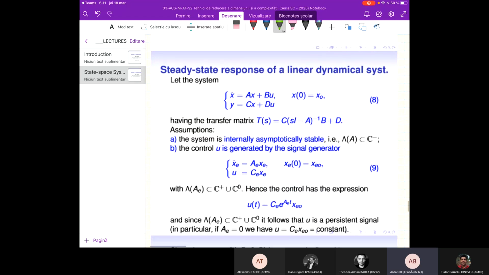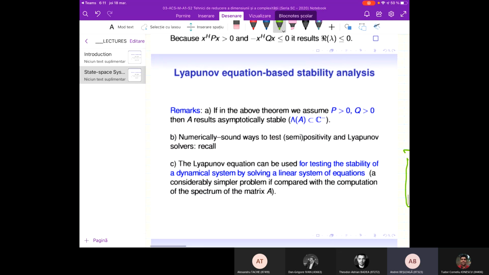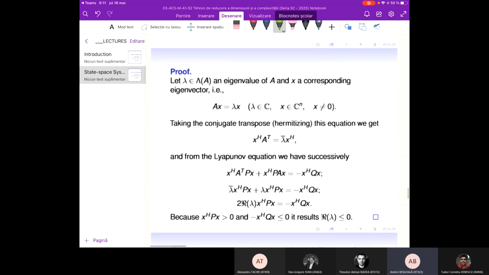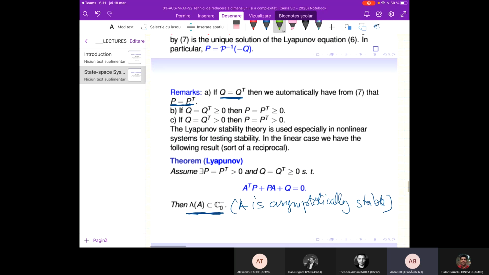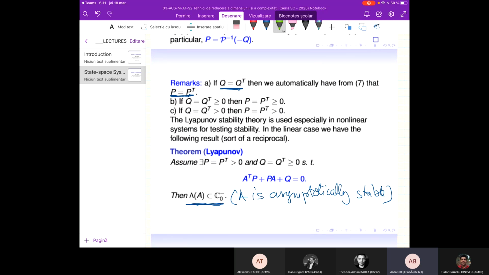Right. Now, another discussion we need to make, about the Lyapunov equation. Why do the P and Q matrices have to be positive definite? Yes, definite. Because of the proof. Otherwise, what happens here is not true.